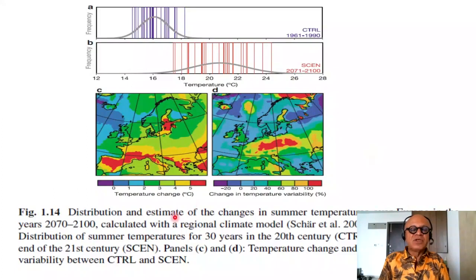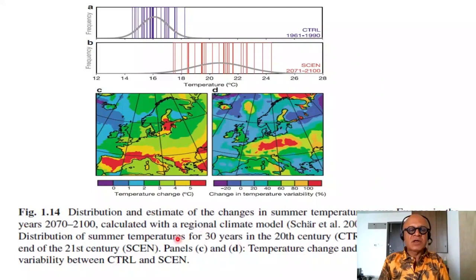Another example: distribution and estimate of the changes in summer temperatures over Europe in the years 2070 to 2100, the future, compared to the base period of 1961 to 1990, which is typically used as the modern day climate.